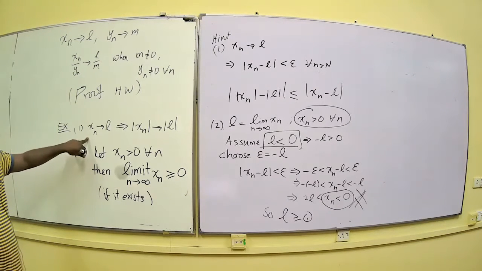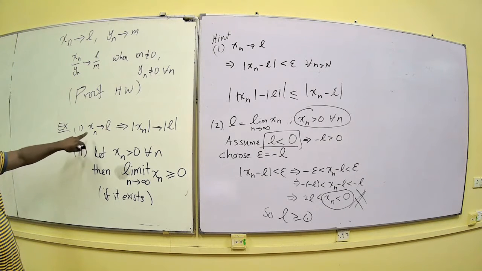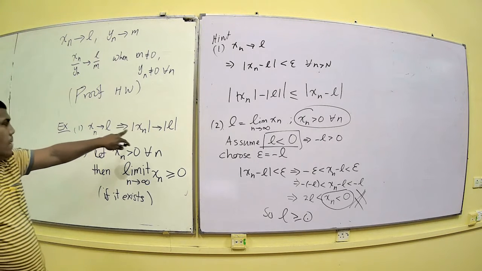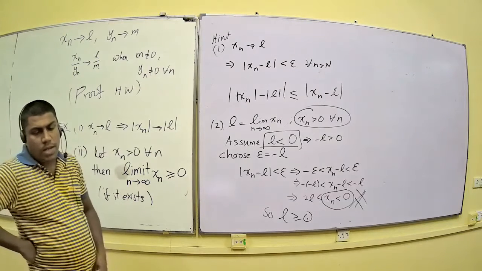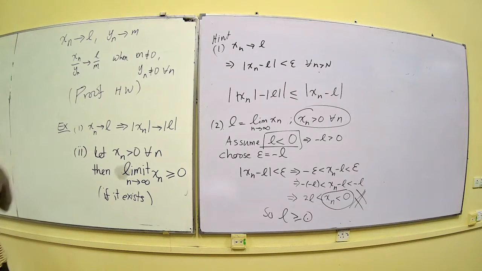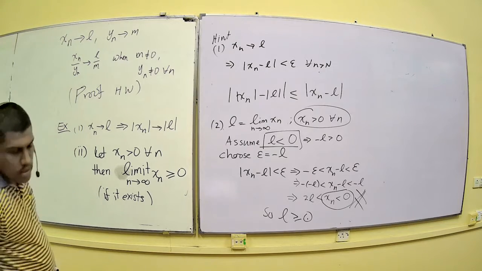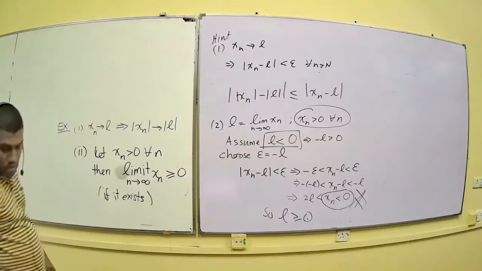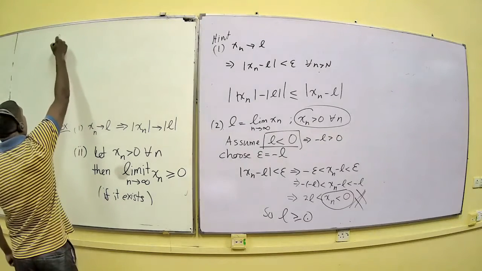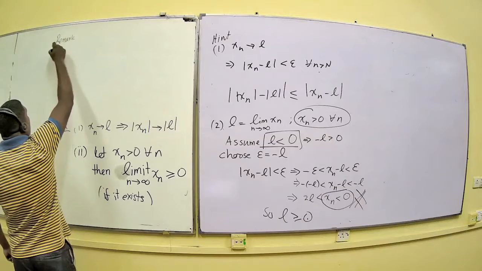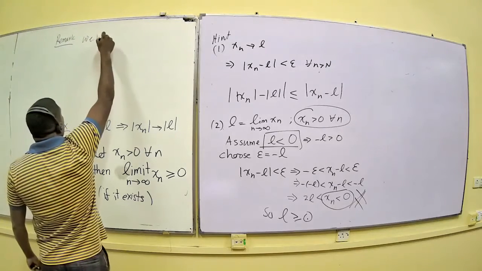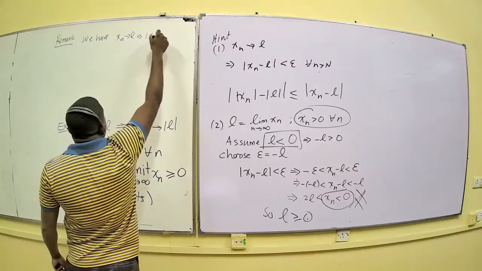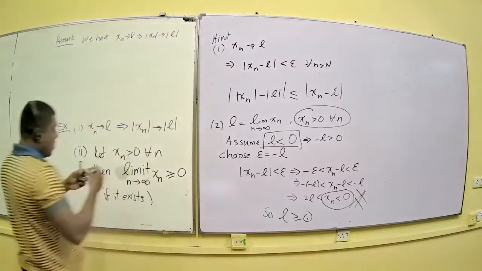Now let's go back to the first exercise. The first exercise that we saw is: if the sequence converges to a limit, then the absolute value of the sequence converges to the absolute value of the limit. Will the other way around work? So I will do that as another remark.